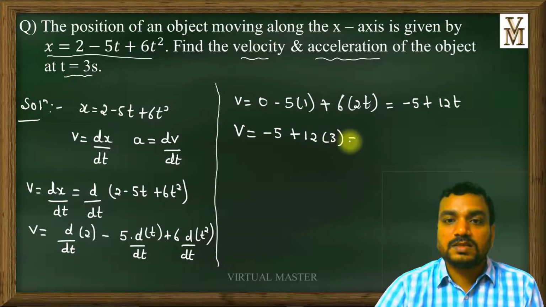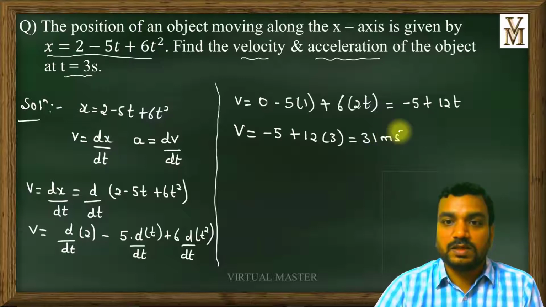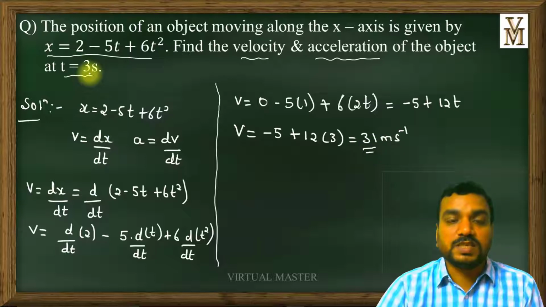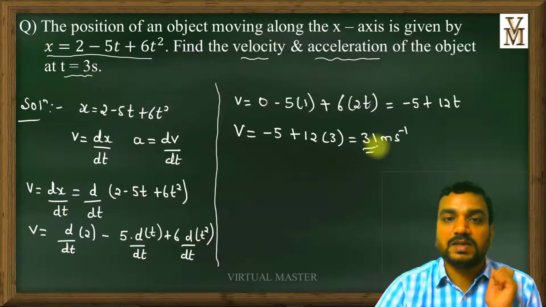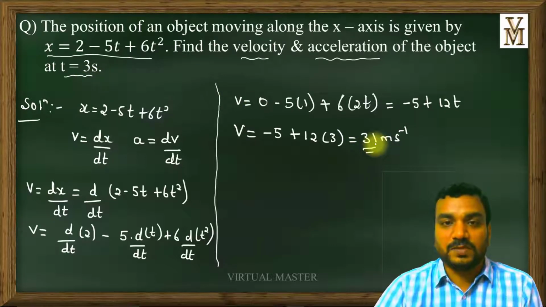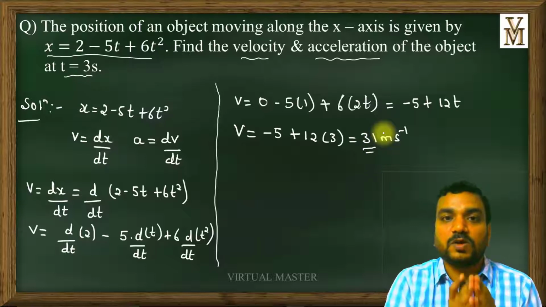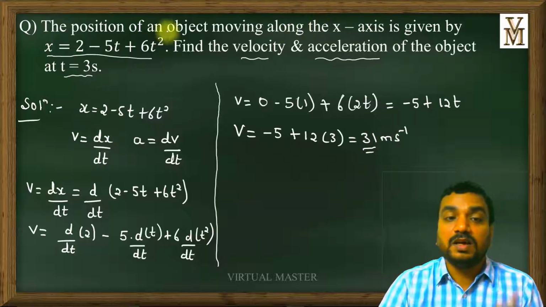It is 36. 36 minus 5, we get 31 meter per second. The velocity of the object at t equals 3 seconds is 31 meter per second. I hope everyone has understood how to find the velocity if the position of the object is given as a function of time.